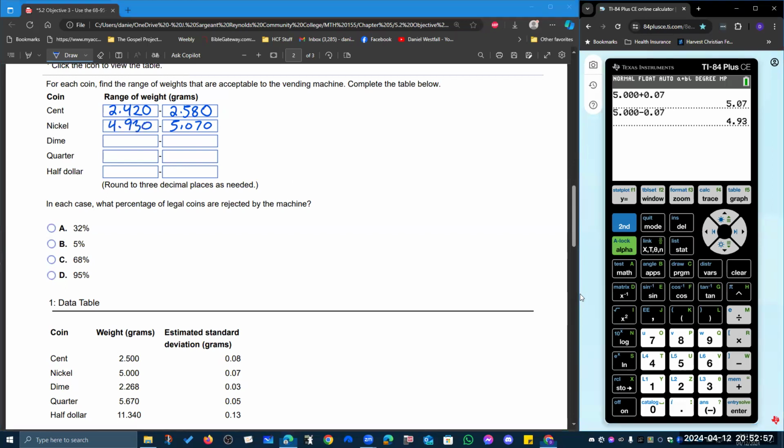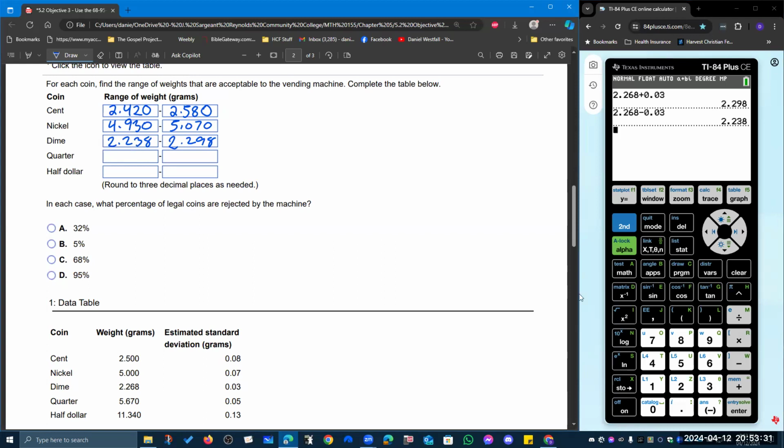Now let's look at the dimes. 2.268 plus 0.03 is 2.298, and we'll switch this to subtraction. We'll get 2.238.